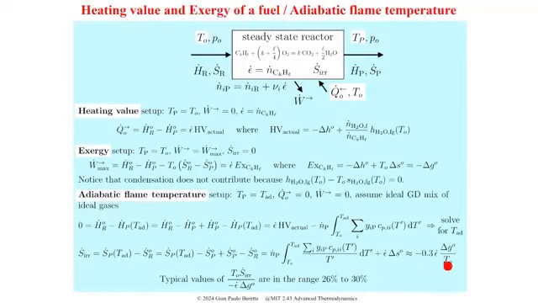So if you take T naught and put it on the other side, T naught times S irreversible is the exergy destruction, the source of inefficiency of your system, and that is equal to about 26–30% of the exergy of the fuel.